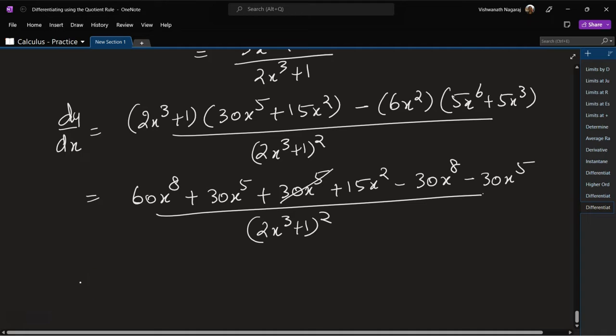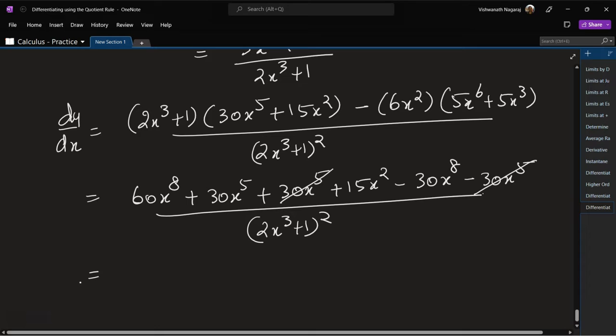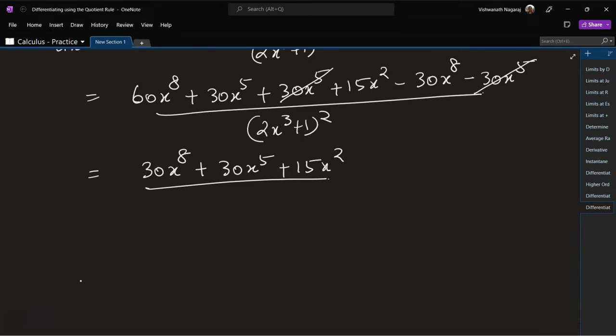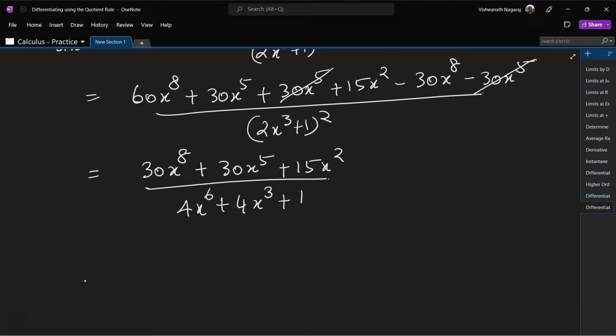So here this 30x to the power of 5 and minus 30x to the power of 5 cancel, and we have 60 minus 30 is 30x to the power of 8 plus 30x to the power of 5 plus 15x square divided by 4x 6 plus 4x cube plus 1, that's the answer.